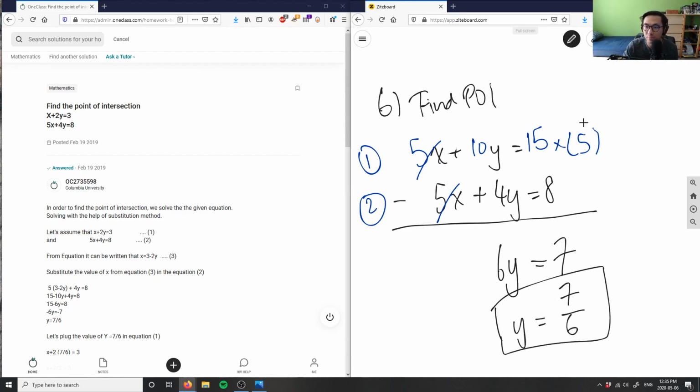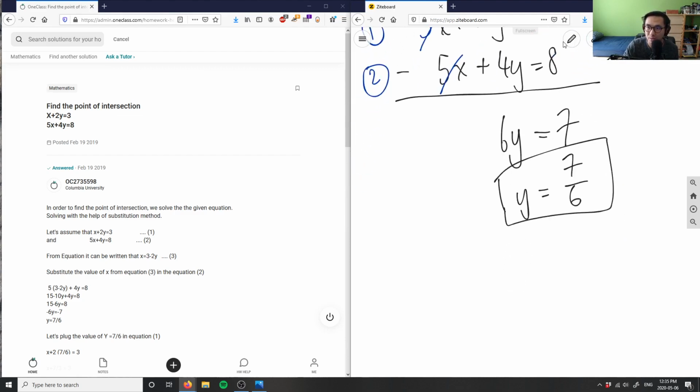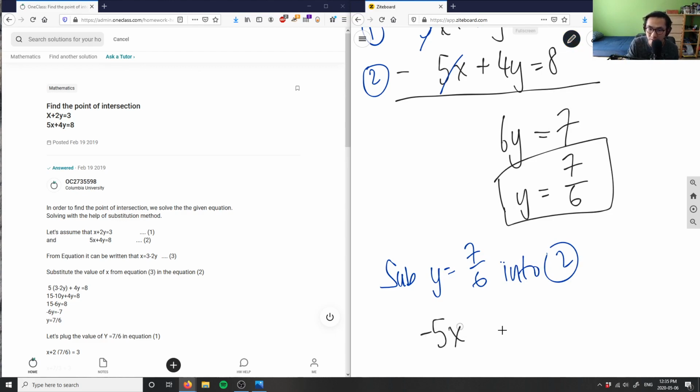What I can do with my y value is plug it into any of these equations. I'm going to plug it into equation 2. So I'll substitute y equals 7 over 6 into equation 2. I don't think I have a negative here, I think it's just 5.